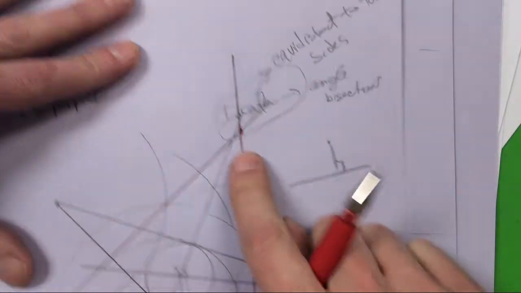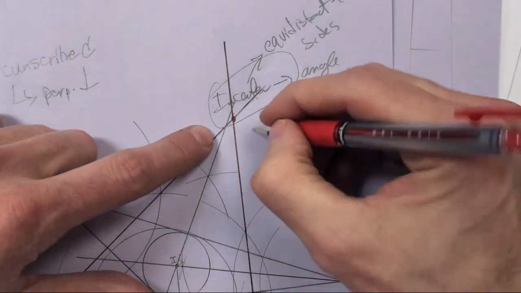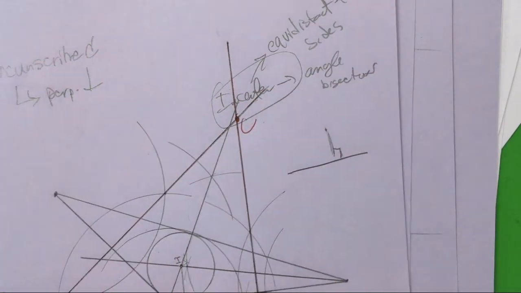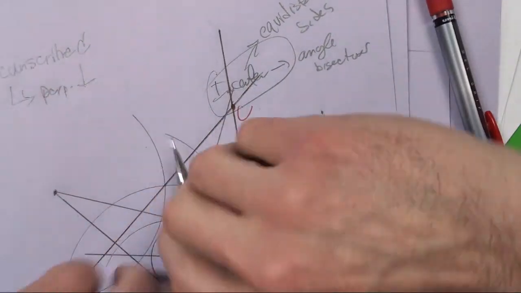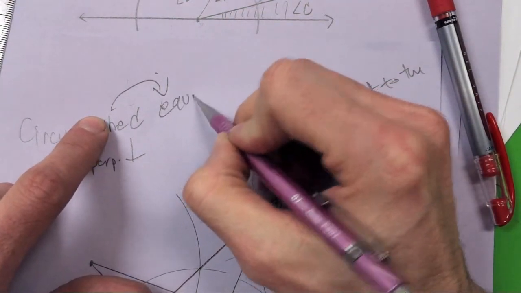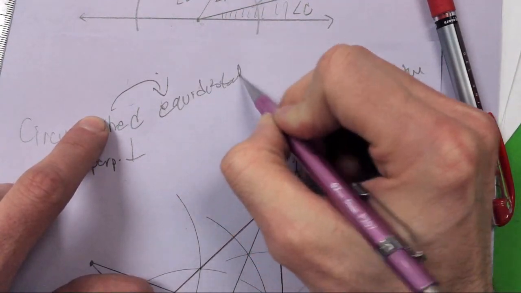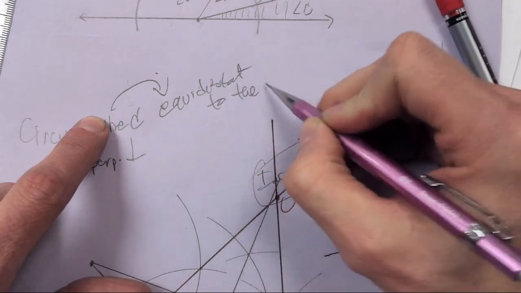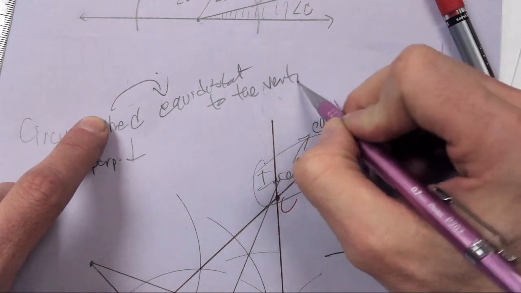Okay, so the point of intersection that we just found right there is the circumcenter. And the special property of the circumcenter is that it is equidistant to the vertices.